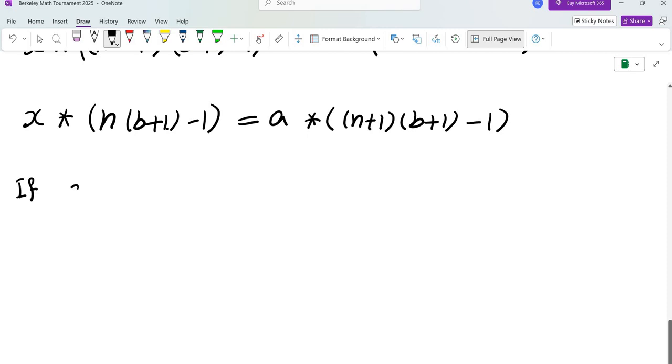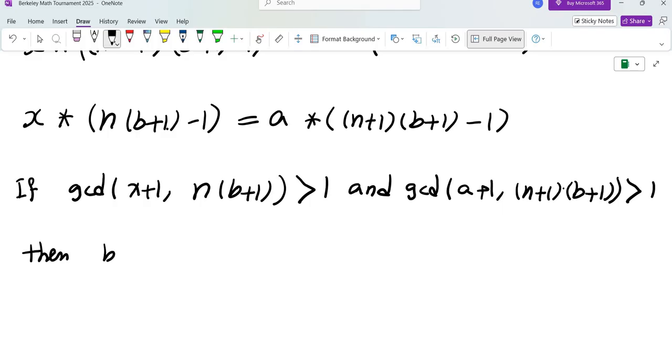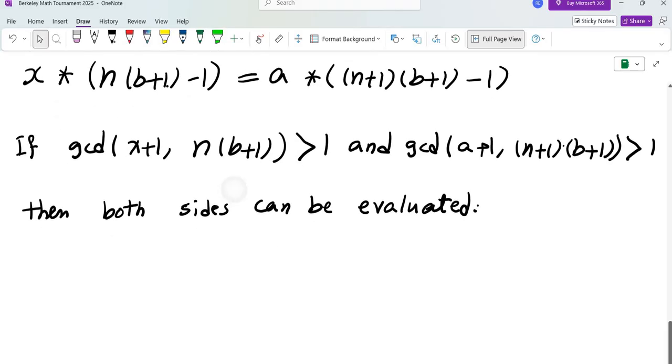So if GCD of x plus 1 and n times b plus 1 is more than 1, and GCD of a plus 1 and n plus 1 times b plus 1 is more than 1, then both sides can be evaluated, and then that way we can actually find the answer.